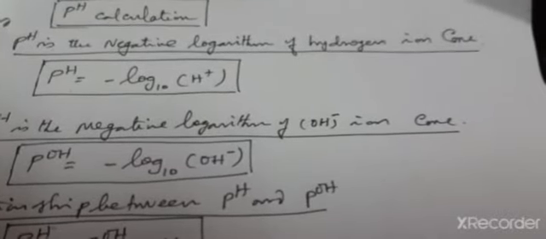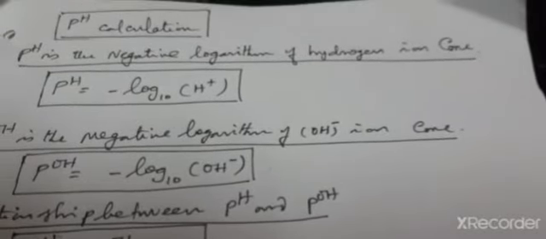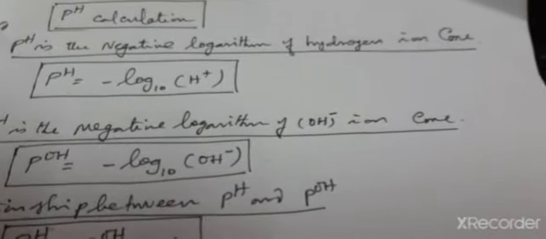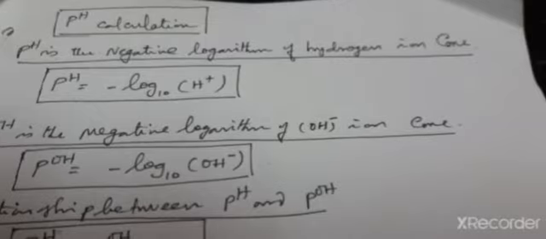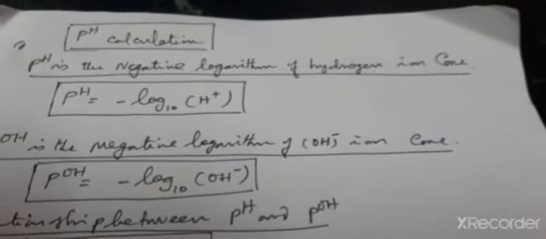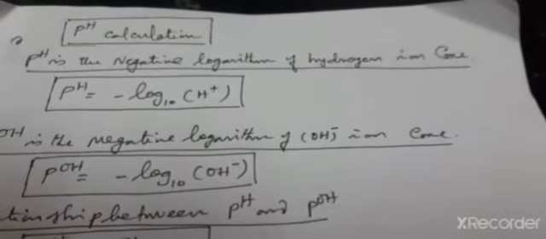So, my dear students of 10th standard, now we are going to study about pH calculation. Already we learned pH is nothing but power of hydrogen ion concentration. All the aqueous solution may contain hydrogen and hydroxyl ions due to self-ionization of water.